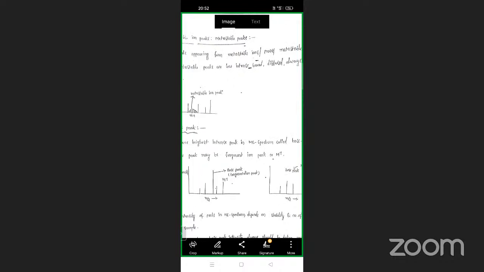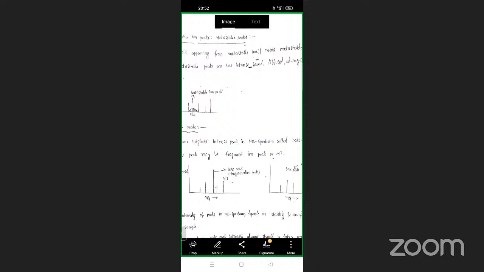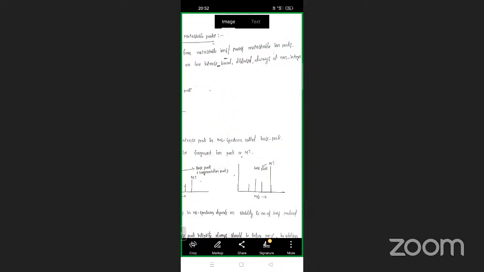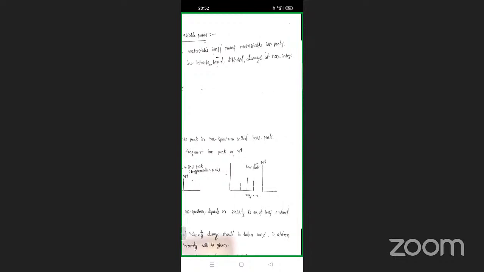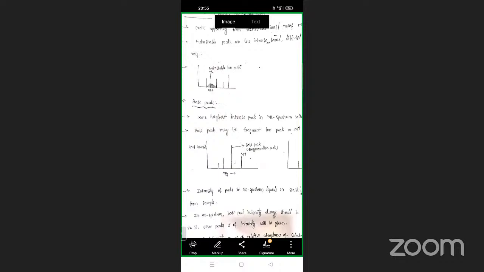If you get any broadness here, any broad peak, that corresponds to your metastable ion. Generally it is not a common peak, it is a very rare peak here.